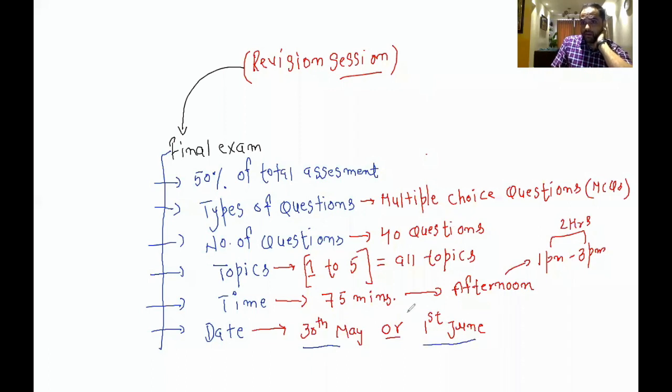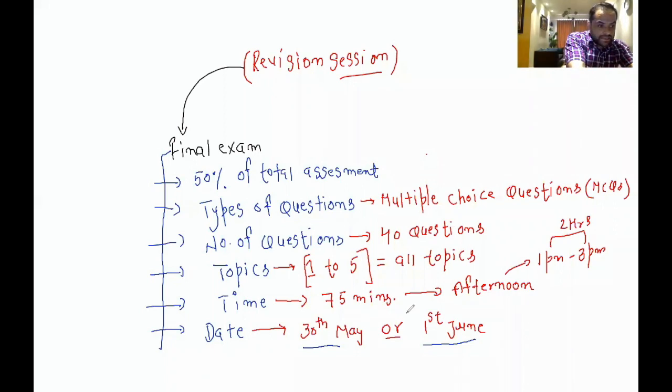So can you tell me about these 2 dates? Are you busy or free on 30th of May or 1st of June? Anybody who is busy during this time, please let me know, because the department will ask me whether students agree to these dates or not, so they can arrange a room for us for the final exam.